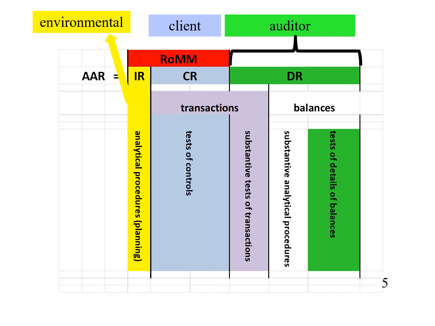The 3 types of substantive tests the auditor uses are substantive tests of transactions, substantive analytical procedures, and tests of details of account balances. Now notice the little purple or lavender section: transactions bridge control risk and a portion of detection risk. Typically when we're testing transactions, we're testing controls, but not always.